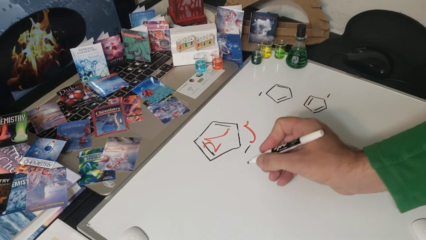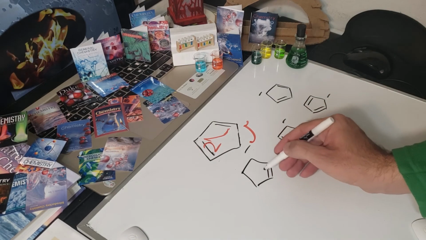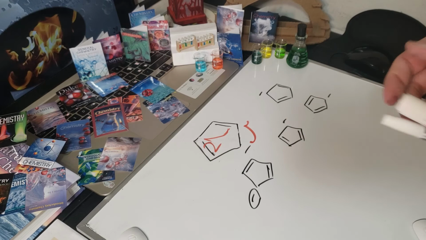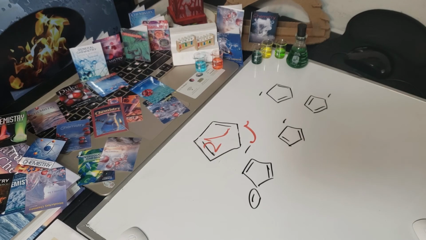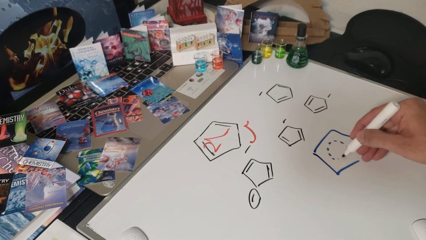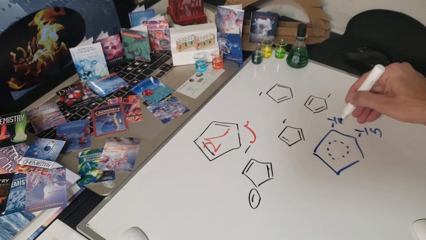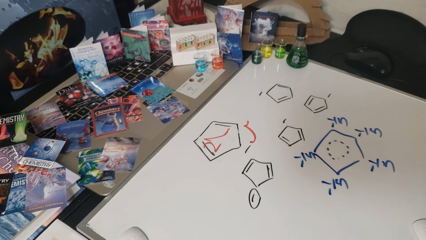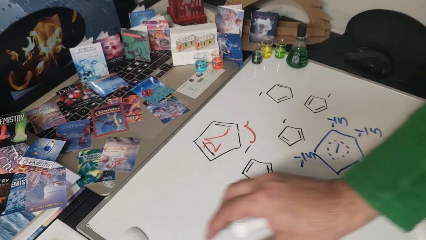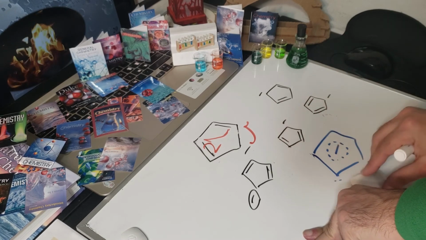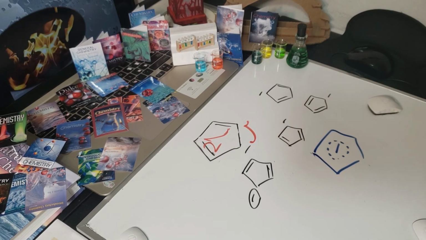So literally every corner can have that kind of negative charge. So you could have negative charge on every corner of this pentagon. If I do the hybrid resonance, that would be minus 1 over 5, minus 1 over 5, minus 1 over 5, minus 1 over 5, minus 1 over 5. That's how you do it. Or you could just say one negative charge in the center, and then it means it's rotating on all the carbons. So that's how you do this for this molecule, the hybrid resonance form.